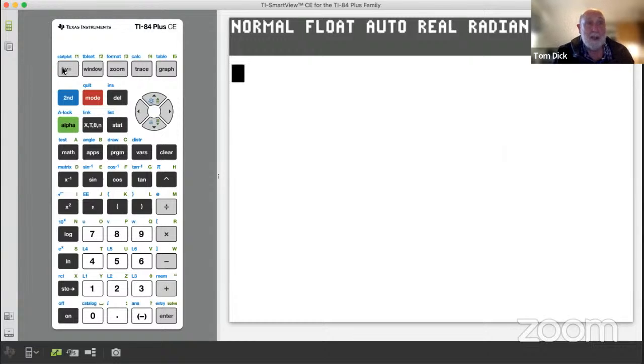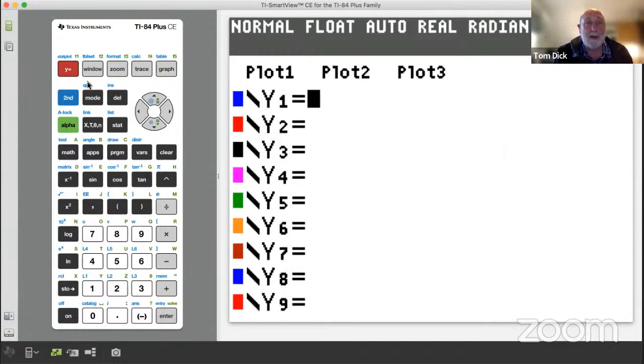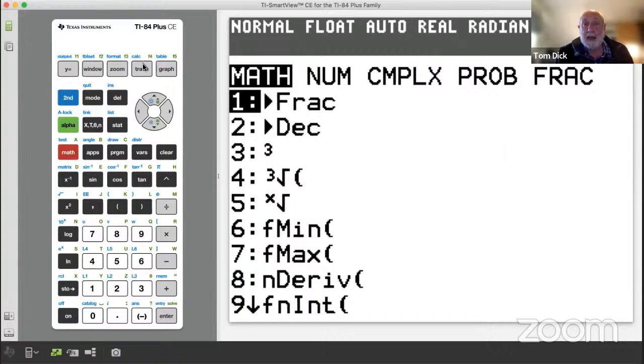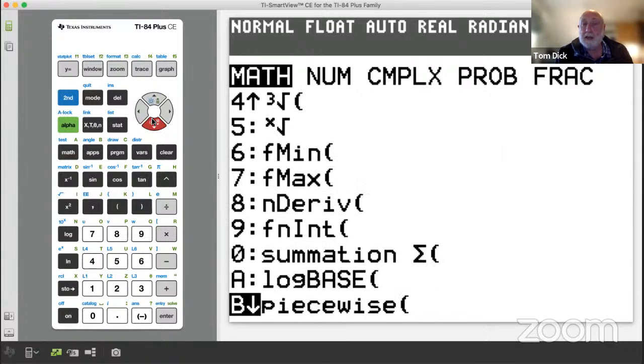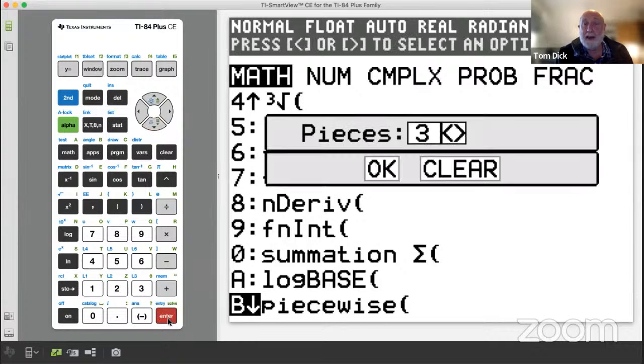So I'm going to go to the Y= menu, and to get a piecewise defined function, I'm going to go to the MATH menu and keep scrolling down until I see piecewise. I'm going to enter that.